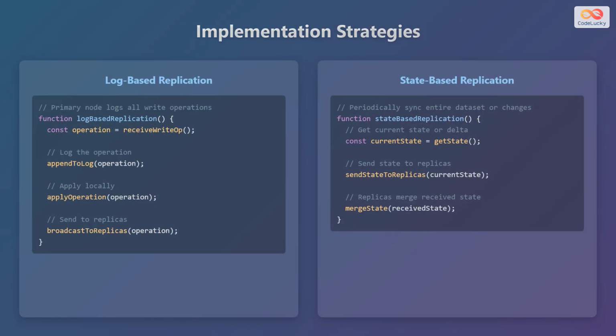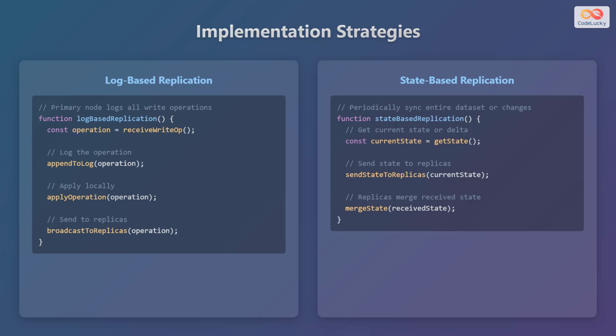Two common implementation strategies for data replication are log-based replication and state-based replication. In log-based replication, the primary node logs all write operations, then applies these operations locally and broadcasts them to replicas. Here is the pseudocode that has comments explaining the mechanism. In state-based replication, the entire dataset or just the changes are periodically synchronized, and the replicas merge the received state.